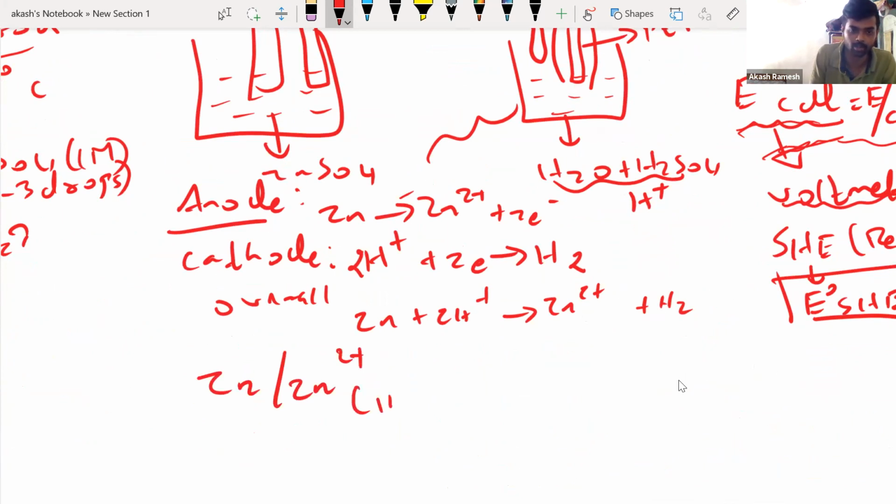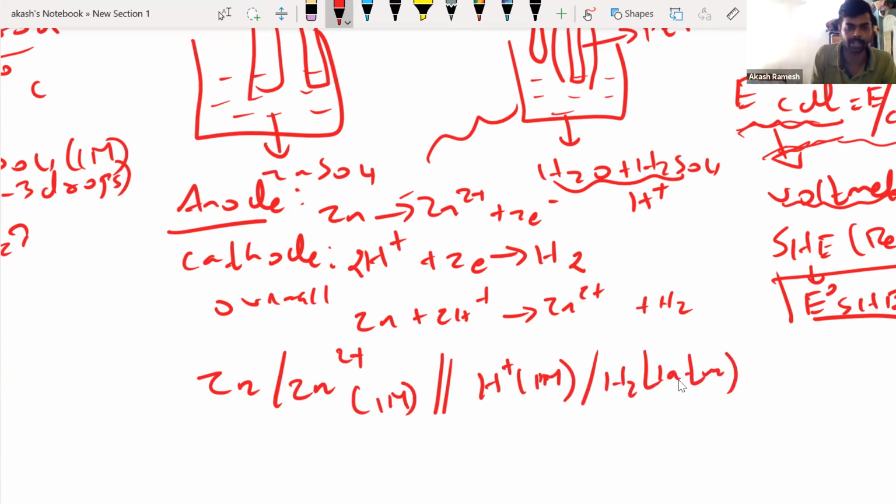Maybe I have a concentration of 1 M because we're talking about standard reduction potentials. Now I have a salt bridge, double bar, and now what is happening? H+ is becoming H2. So I have H+ at 1 M concentration becoming H2, and since it's a gas, you have to include the pressure, 1 atm. That's it, as simple as that.